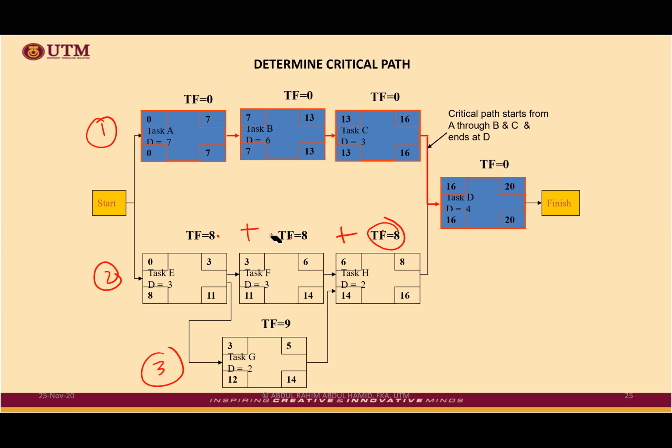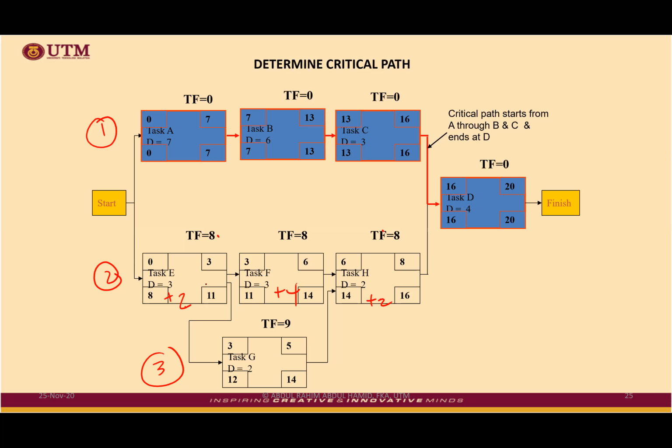For instance, let's say this activity is delayed by 2 days. This activity is delayed by 4 days. You see, 4 plus 2 is already 6. This activity H can only be delayed by another 2. In total, it is equivalent to 8 days.